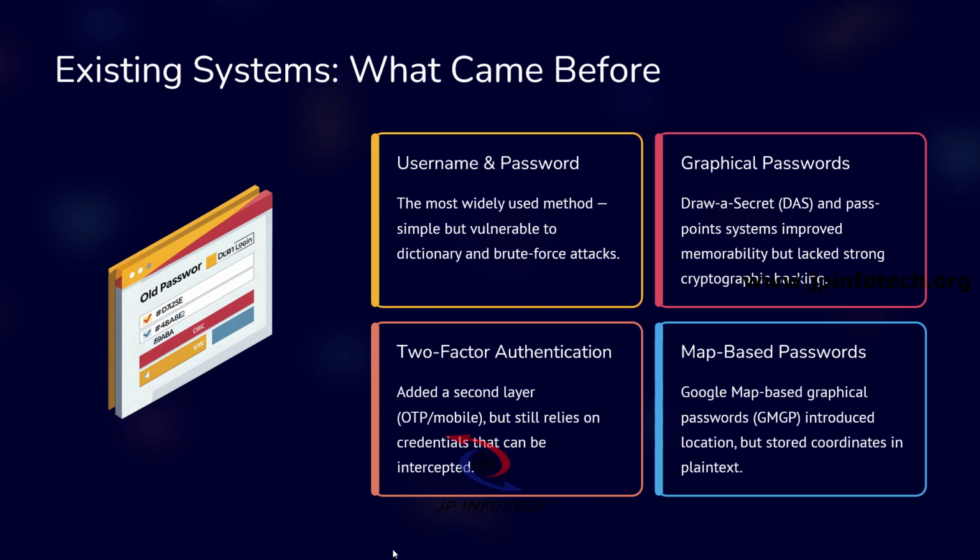Another existing system uses the graphical password. Here the PassPoints system improved memorability but lacked strong cryptographic backing. There are two-factor authentication methods also, but these still rely on credentials that can be intercepted, and there are map based passwords also available.